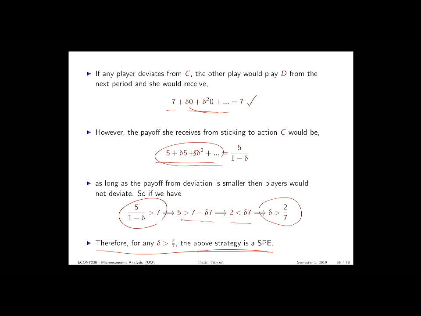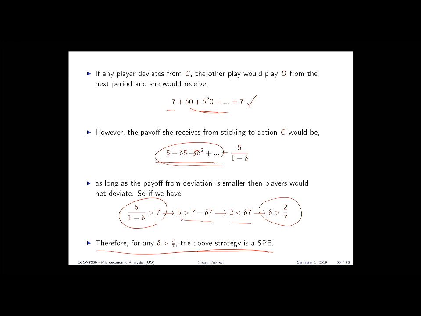Okay? I repeat once more. You start by introducing the trigger strategy. Then that trigger strategy would give you two directions of payoffs. One is cooperation, the other is cheating. Compare those payoffs for different deltas and put the cooperation payoff larger to find those deltas that give you higher payoff for the cooperation.